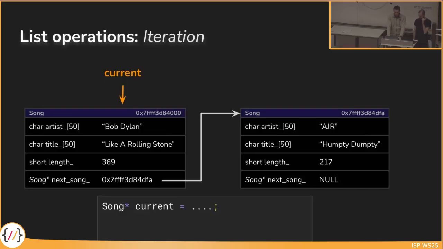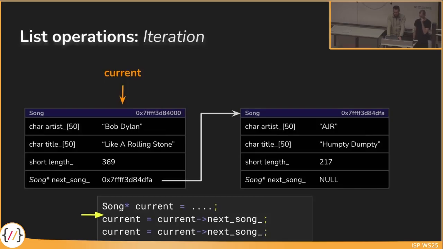So we start with the head, the first one, and then to go to the next one, we set our current pointer to the next song by accessing the next song pointer from our current. So then the current is now the second one. And the third one in this case does not exist because we just have two songs here. So if we then go to this pointer, it would be null. So in the end, our current points to null, and then we know we have iterated through the whole playlist.